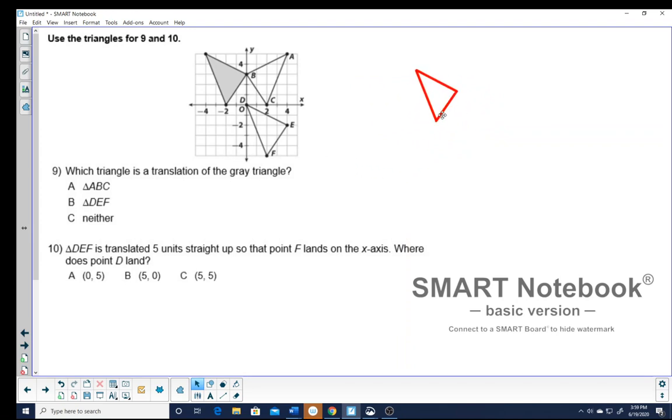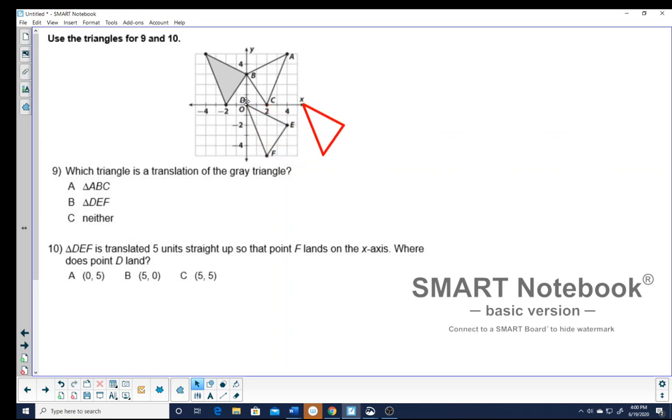So if we start with the gray triangle and we want to translate it, well, if you go over to where this triangle is, notice it doesn't fit. It would have to be a reflection, wouldn't it, to get to this triangle? But if you go over to the right and then go straight down, what do you notice? It fits perfectly on this triangle.